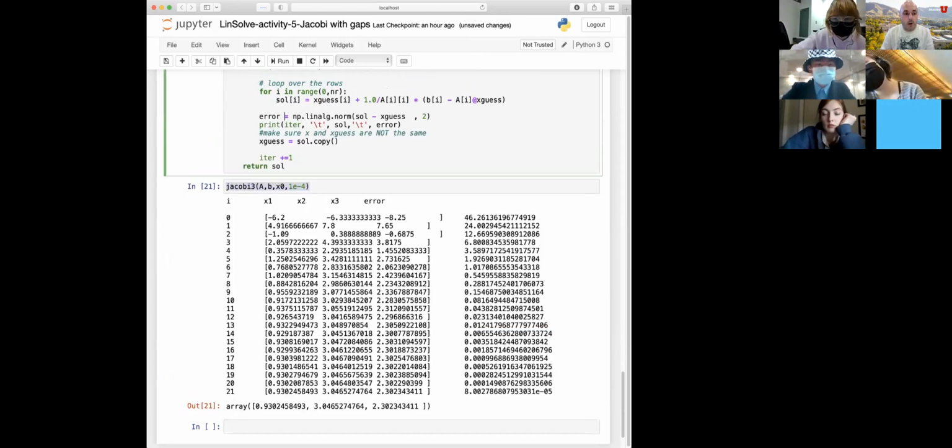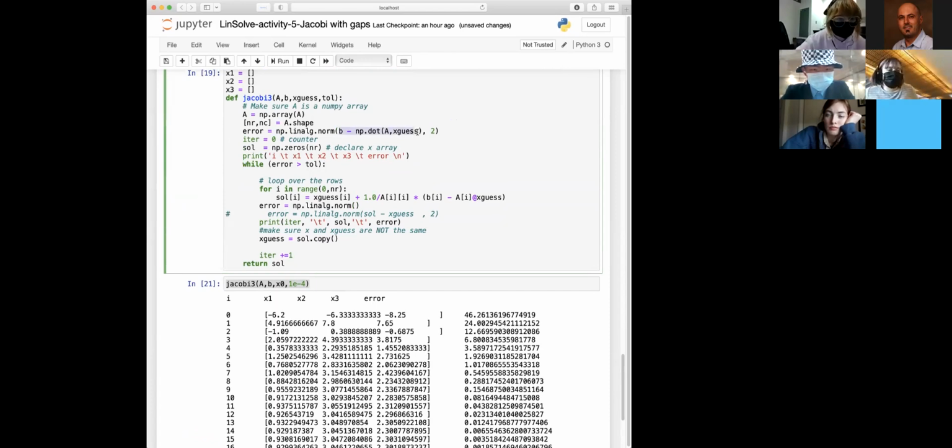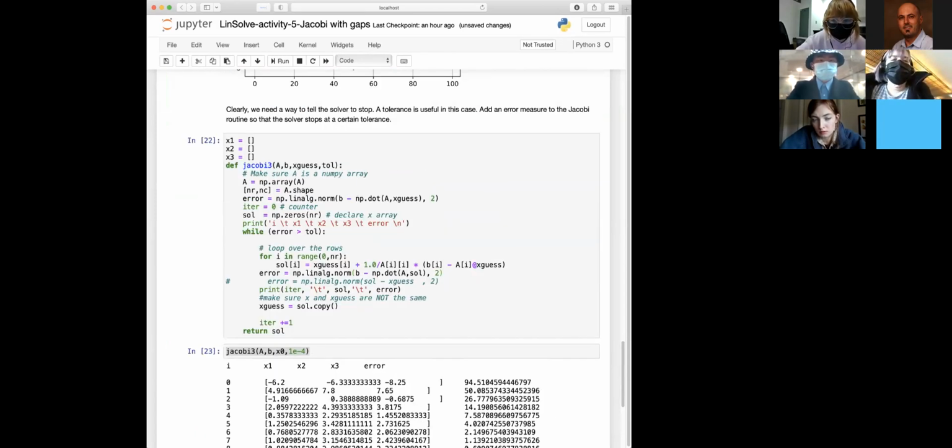You're welcome to try now the other error measure. If you do the other measure, which is the same as this one, b minus A dot x, but you do it on the most recent solution, and you take an L2 norm or an infinity norm, they're all going to be almost identical.